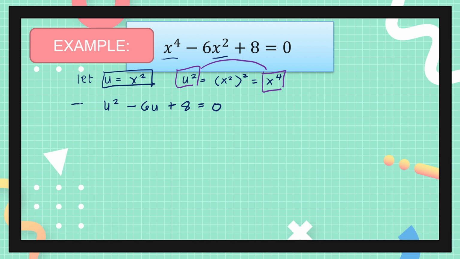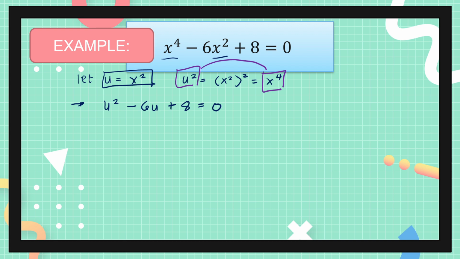So now, this is the equation: u squared minus 6u plus 8 equals 0. It is now in quadratic form. So we can solve this using the method in finding the roots of quadratic equation, just like in factoring method.